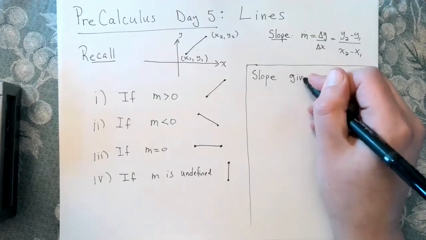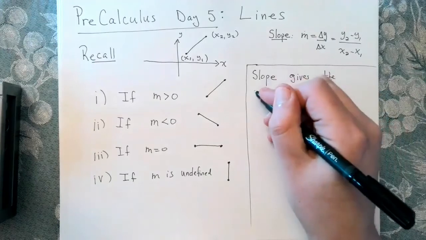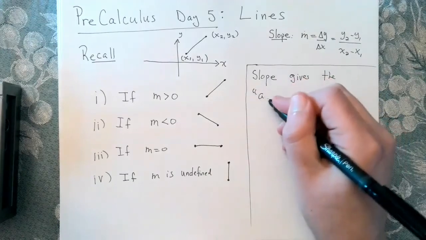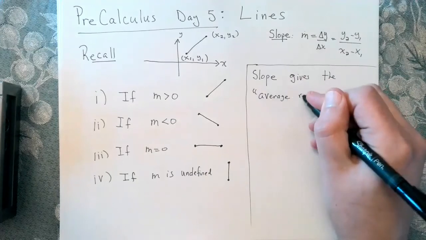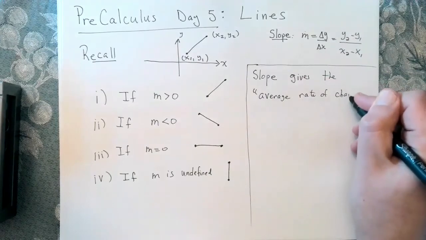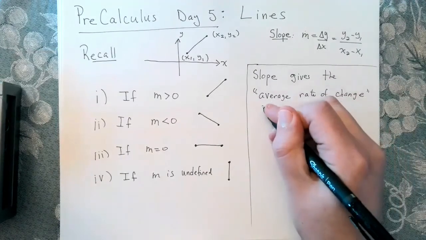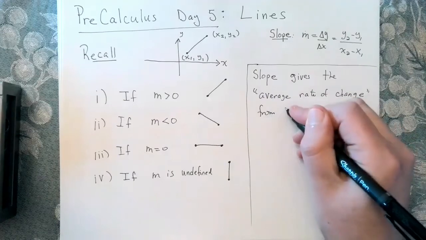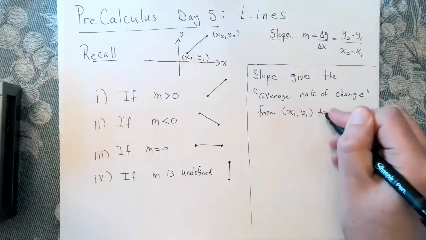So slope gives the average rate of change on an interval, or I can say from one point to another point.